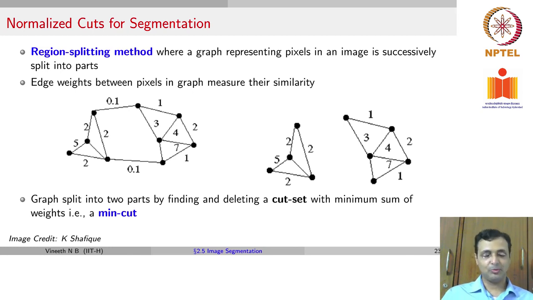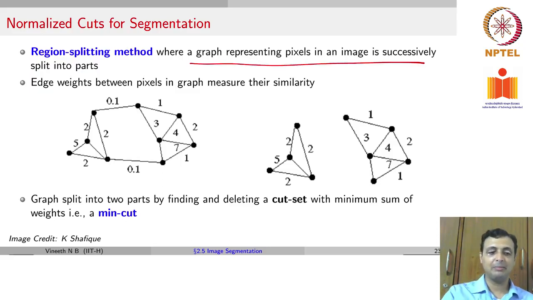One more method, which is not a region merging method but a region splitting method, is normalized cuts for segmentation. Once again, a very popular method, used for many years. Once again, a graph-based method, but a different approach. In this case, a graph representing pixels in an image is successively split into parts.